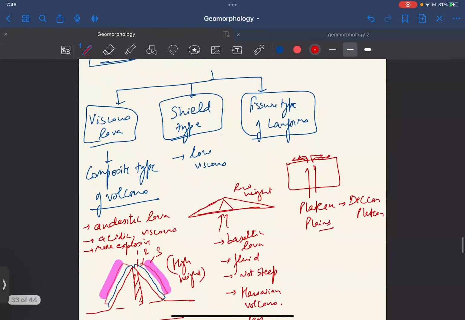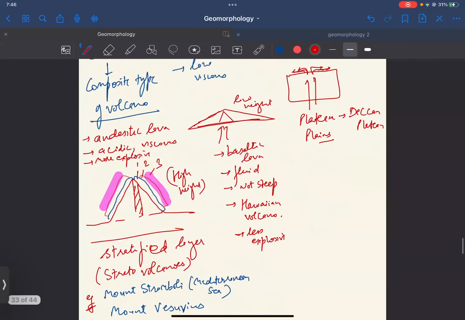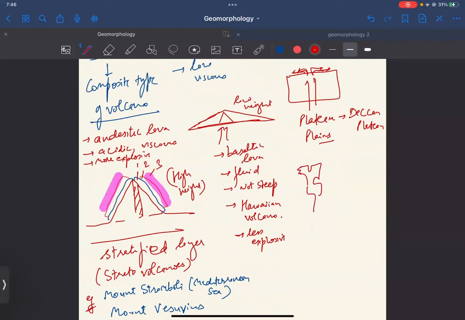So you can remember a few examples of the world. In India, we have Deccan Trap, right? In Russia region, Siberian Traps, basically plateau only, traps, right?